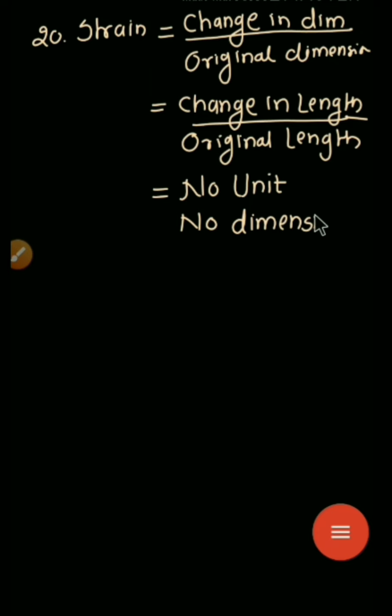So wherever there is a ratio of same quantities, there is no unit and no dimension. So strain के लिए we don't have a unit and dimension.